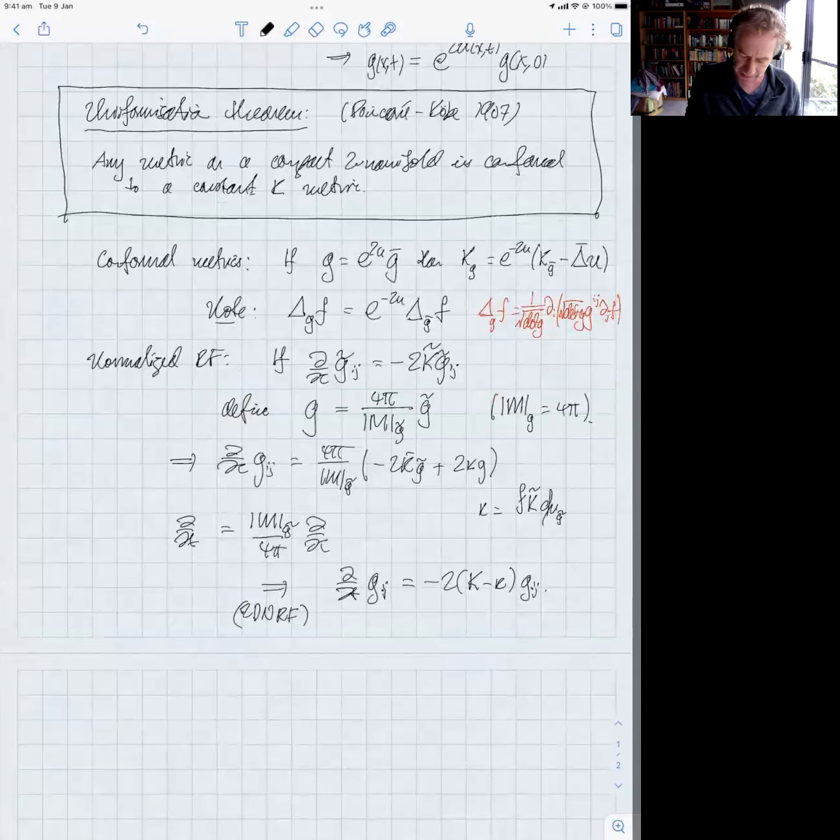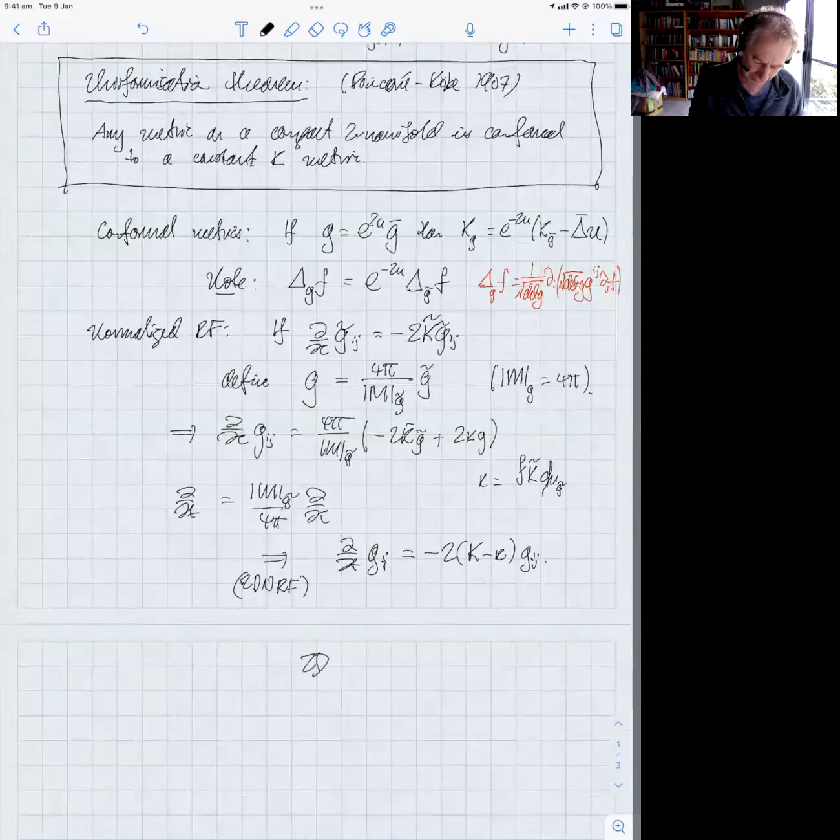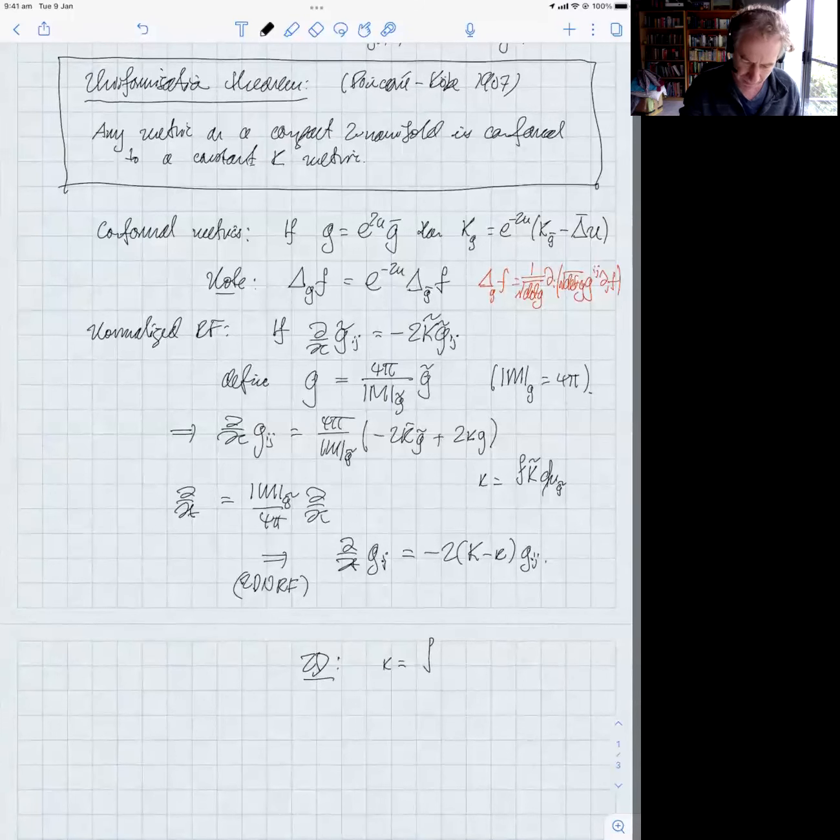Okay, so the normalization here. The important thing in 2 dimensions is that we've got the Gauss-Bonnet formula, which tells me this kappa is actually just a topological thing. Right? So kappa is the average of k tilde on the metric g tilde. It's the same as the average of k with respect to the metric g. So we take the integral of Gauss curvature divided by the area.